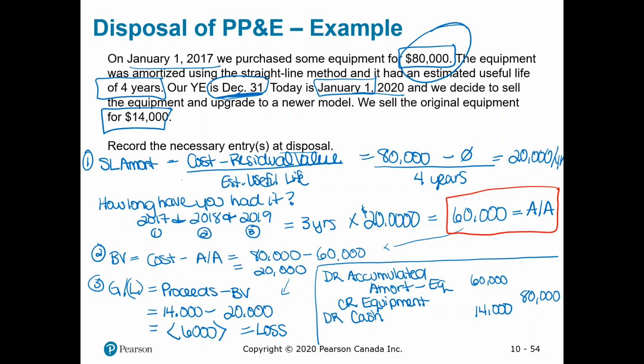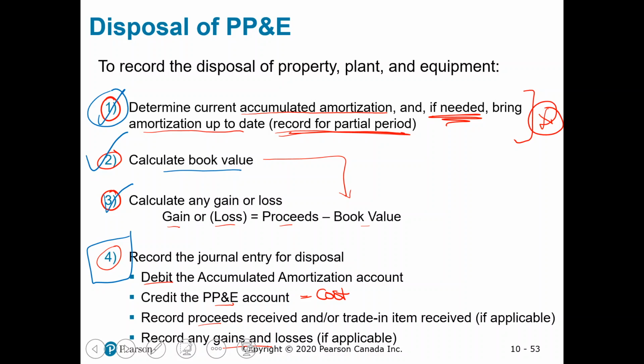And then the last step, because we can see here our debits don't equal our credits. We're at 74,000 versus 80. The last part there is a loss that we need to book. And you could make a note. I don't have much room here, but if you have a gain, it will be a credit. If you have a loss, it will be a debit.